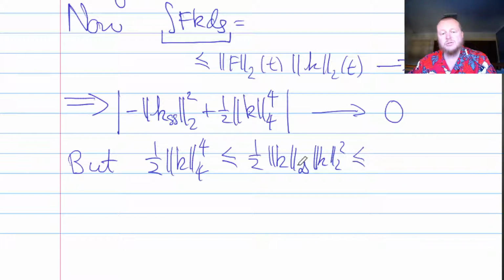And then, because we have just k by itself, we have to use the Poincaré, which means we pick up a 2, which means, by the way, that this 1/2 is crucial. If this 1/2 was not here, the result would not work. So we're going to get a half, 2L over pi. There's a square here.